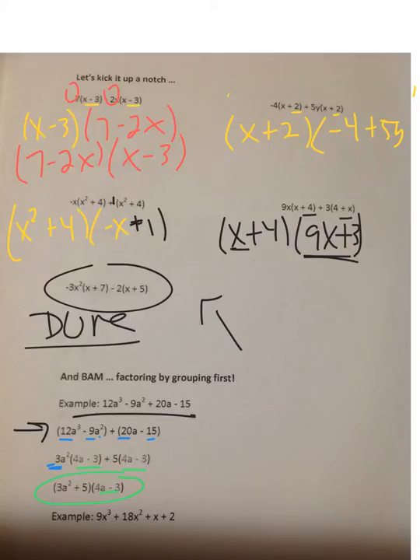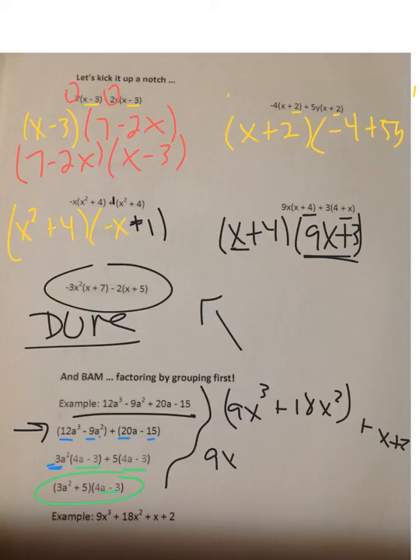So down at the bottom is one we can try. It's 9x cubed plus 18x squared plus x plus 2. So I'm going to do this off to the side here. I'm going to say 9x cubed plus 18x squared plus x plus 2.